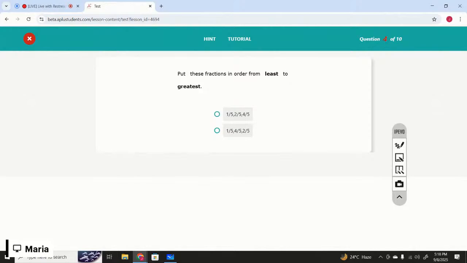Put these fractions in order from least to greatest. So which is the correct option? Very good. 1 by 4, 2 by 5, 4 by 5. So option number 1 is the correct option.